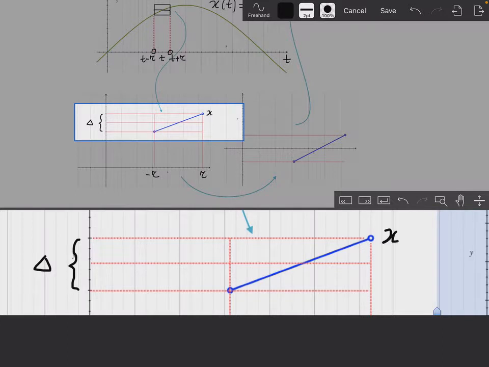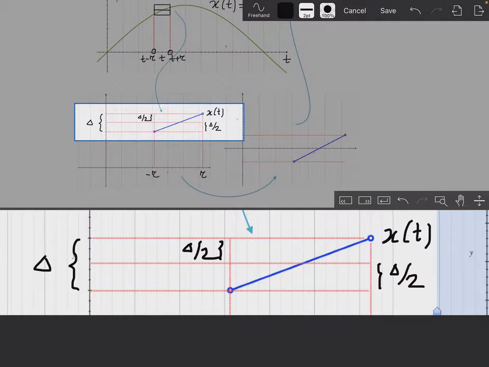And this is our signal, x of t. So that is the worst case that is imaginable. Our signal goes from one value to another. And let's say this part is delta over 2, and the second part is also delta over 2.